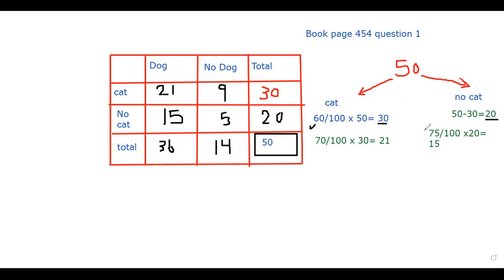After that, he said 75% of those students who don't have a cat have a dog. Then we calculate 75% of 20 equals 15. Understood how you can fill the table and how you can read and complete a two-way table? Understood?